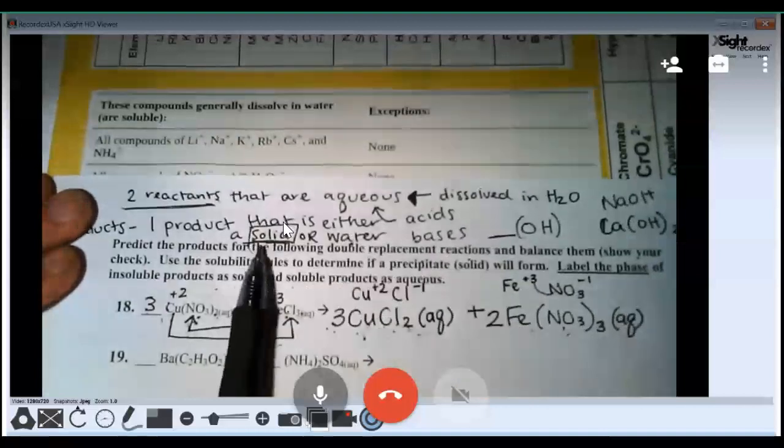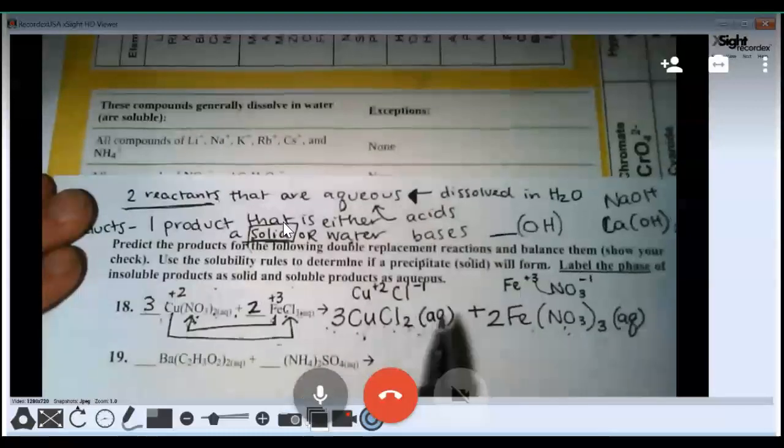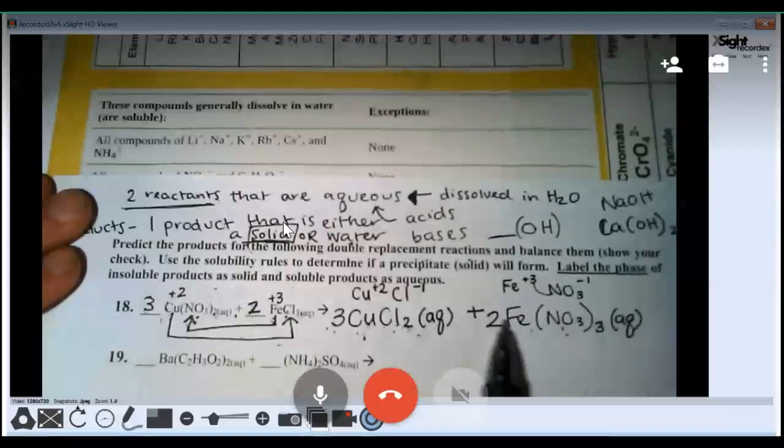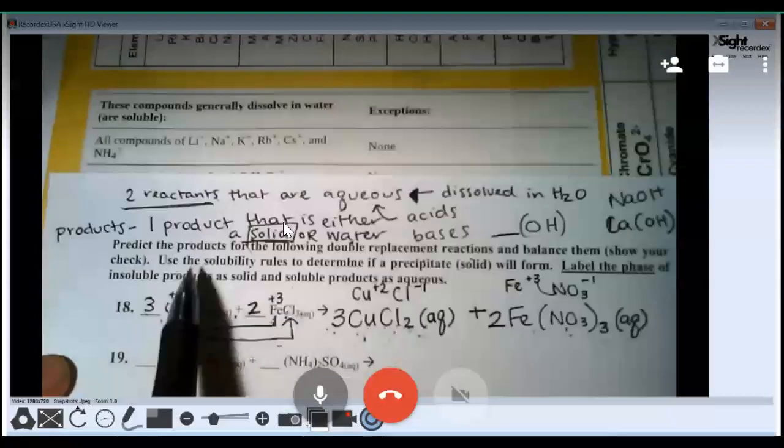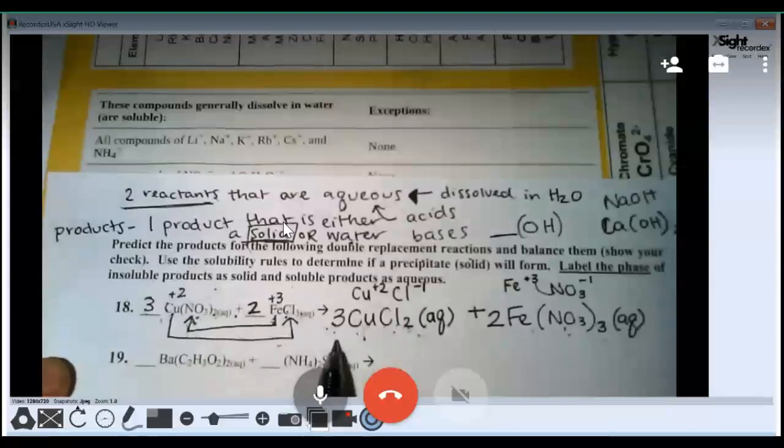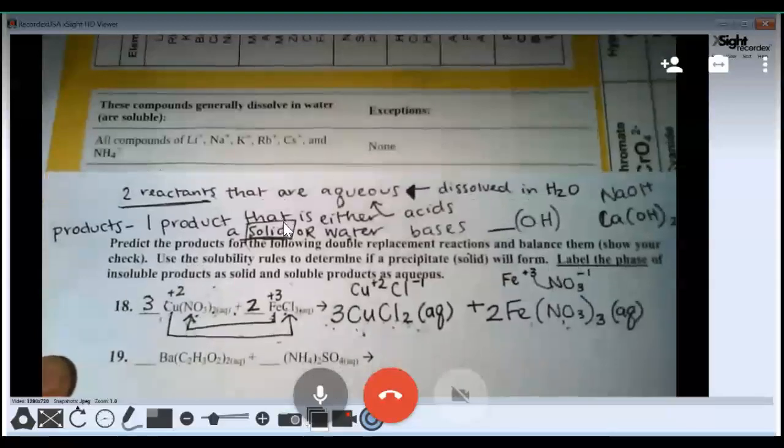Do we have a solid? No, we don't have a solid either, because both of these things are dissolved. So we don't have a solid and we don't have water. So we do meet the reactant requirements, but do we meet the product requirements?